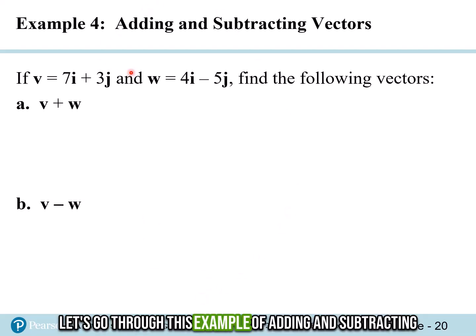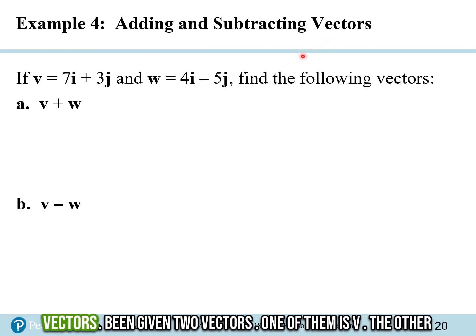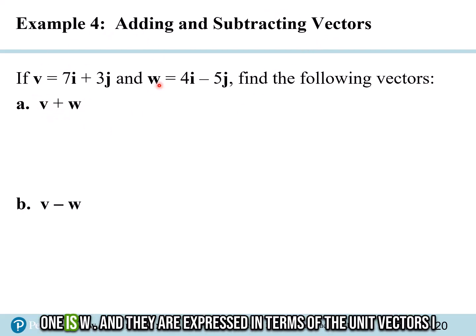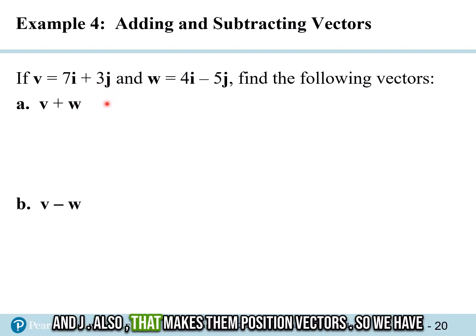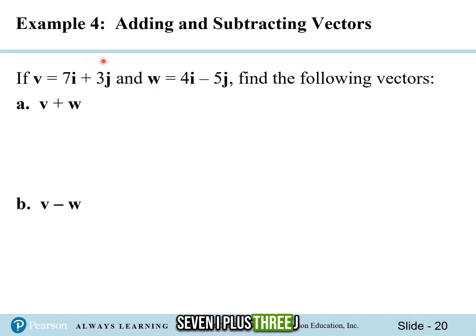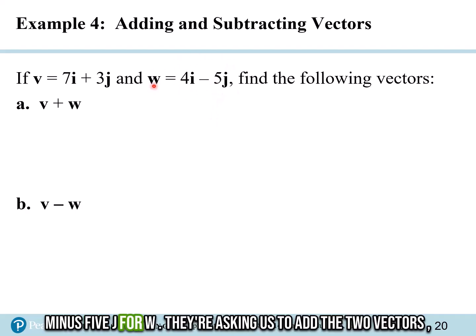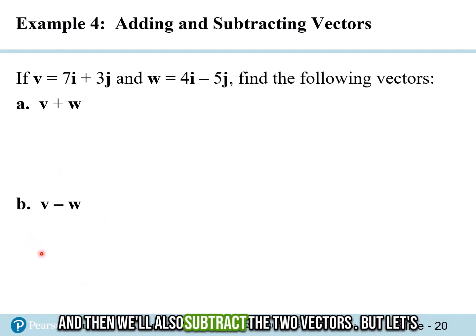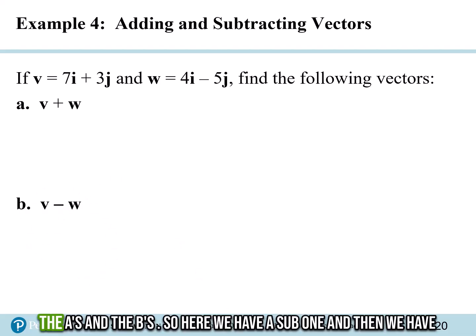Let's go through this example of adding and subtracting vectors. We've been given two vectors. One of them is v, the other one is w, and they are expressed in terms of the unit vectors i and j. Also, that makes them position vectors. So we have 7i plus 3j for v and 4i plus 5j for w. They're asking us to add the two vectors, and then we'll also subtract the two vectors. But let's identify the a's and the b's.